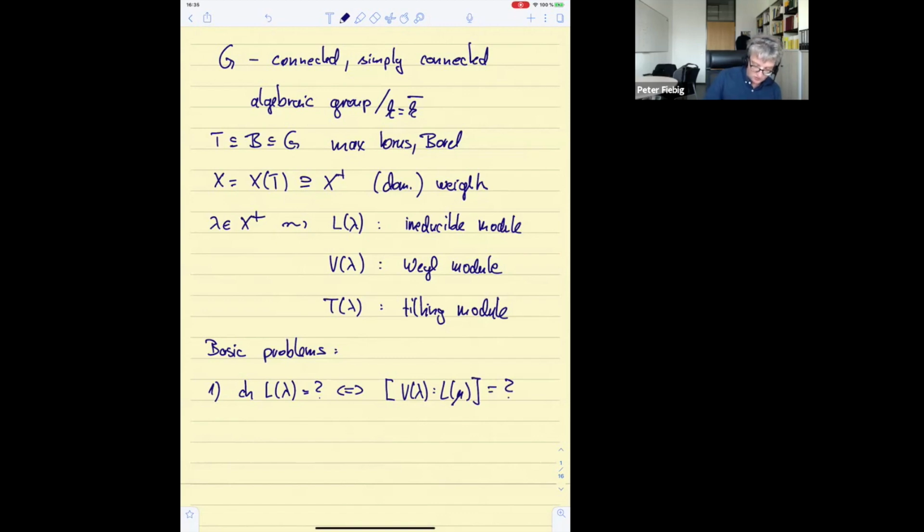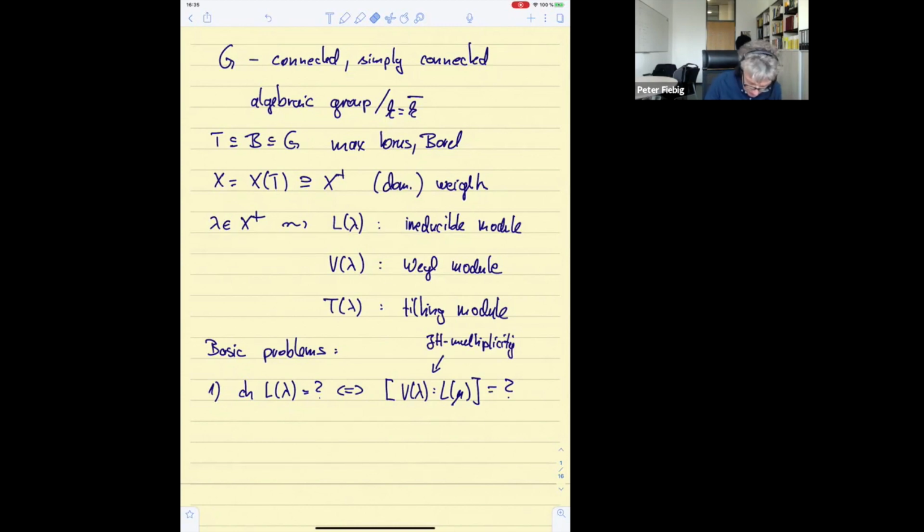So if you know all these multiplicities, so this is the Jordan-Hölder multiplicity, you deduce the character of the simple.